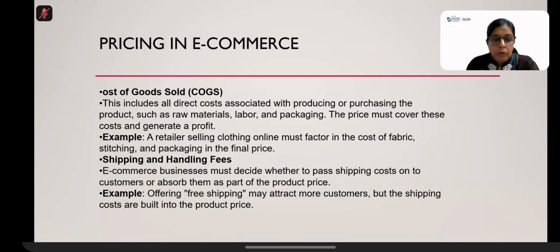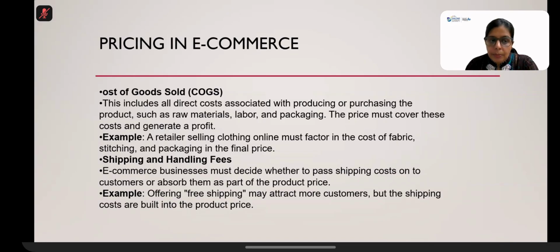So this includes all direct costs associated with producing or purchasing products. The first method is the simple method, which is also used in offline business: the cost of goods sold. Here you will calculate all your costs. We have discussed the different types of costs you incur as an e-commerce seller, and here you will include all of them.